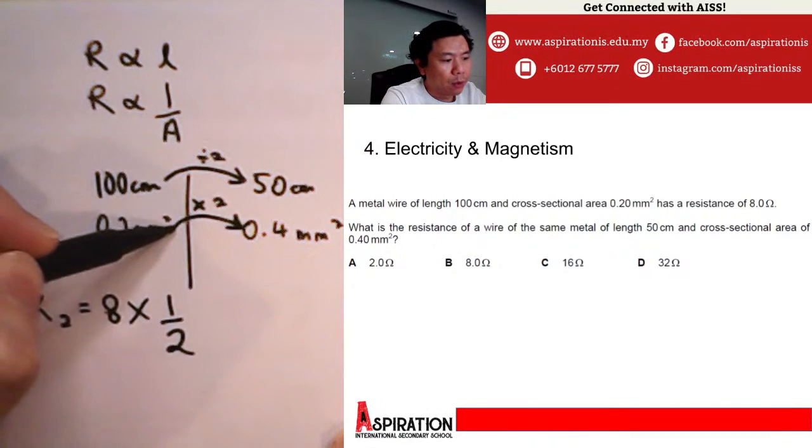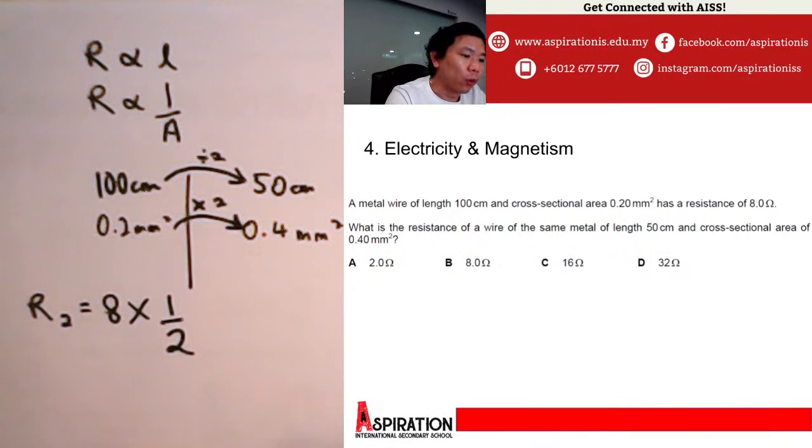Now when the wire is thicker, does resistance go up or down? Does resistance increase when the wire is thicker, or decrease when the wire is thicker? What do you all think? Let me see in the comment section.